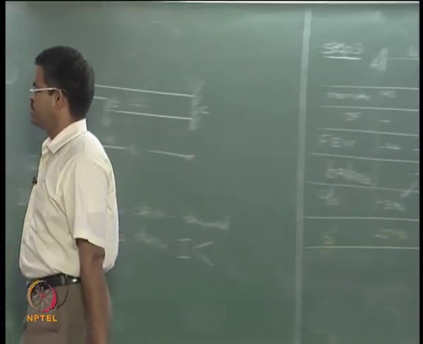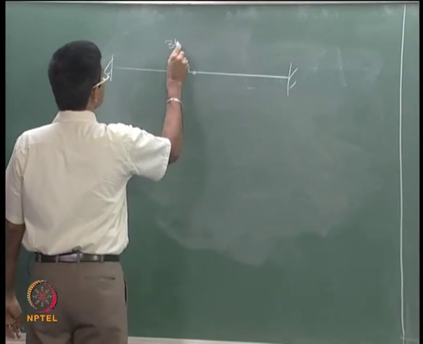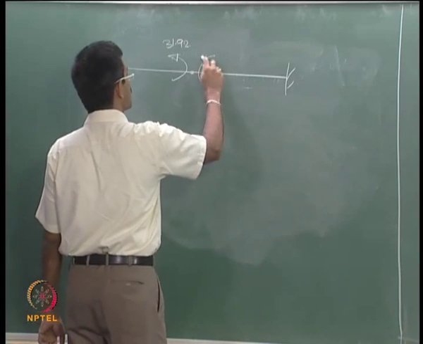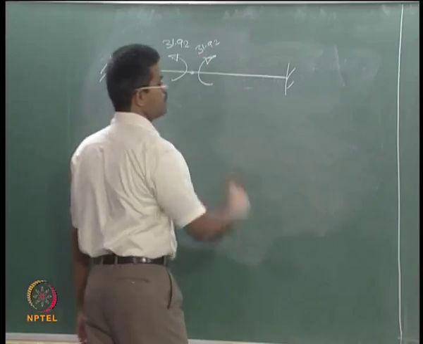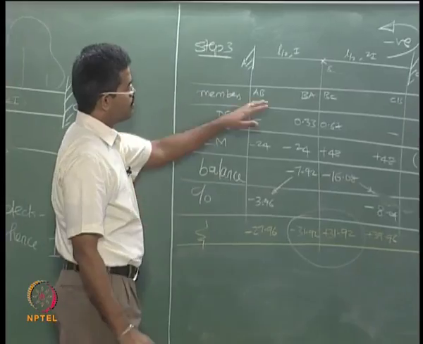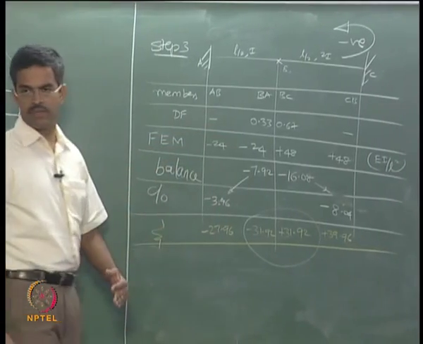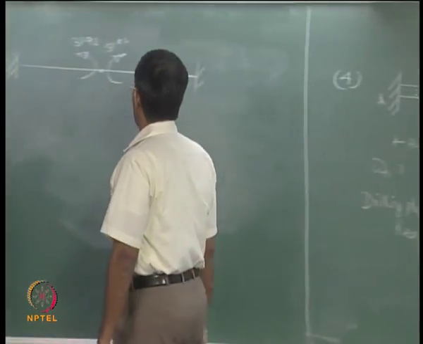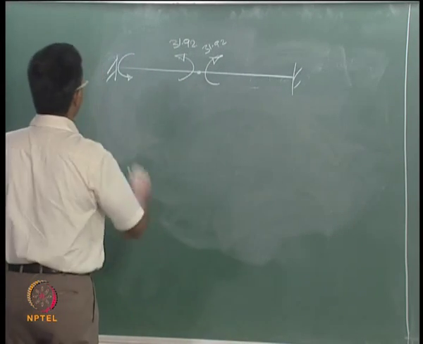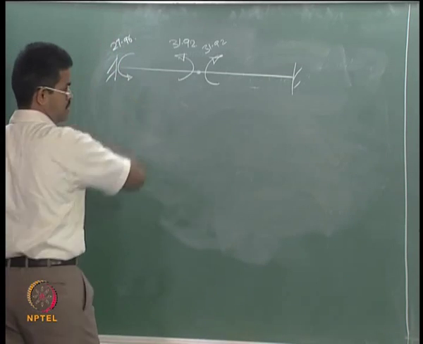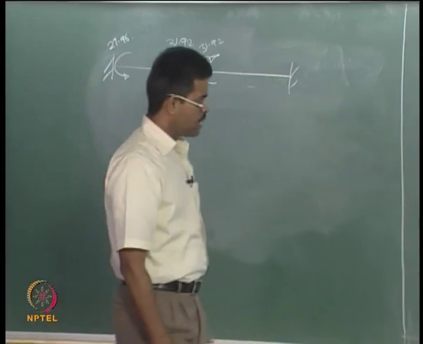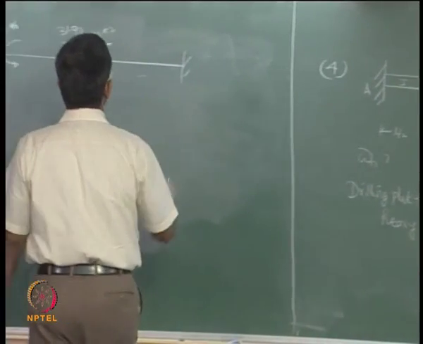So, I enter it here, and of course this is clockwise of the same magnitude. Since the joint is balanced, we have stopped the iteration here, otherwise it will keep on continuing. And we look at AB, it is again 27.96 anti-clockwise, and for CB it is 39.96 clockwise.